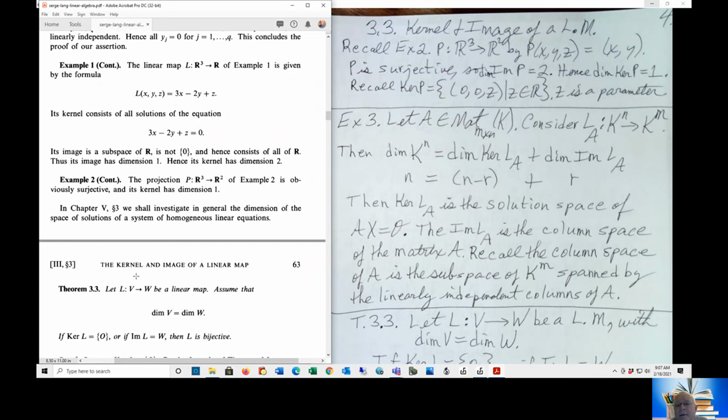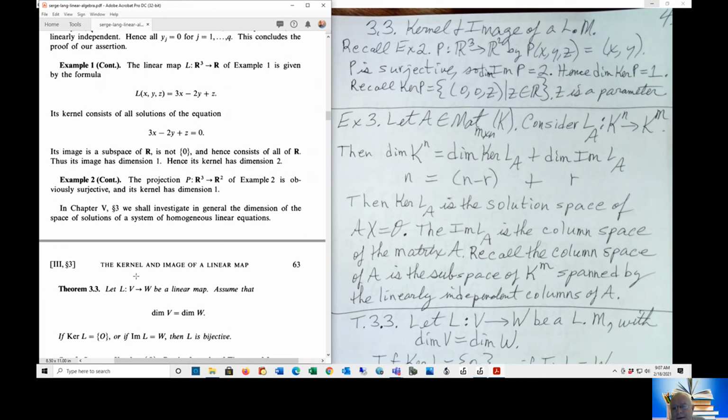So the dimension of the image is 2. Hence, the dimension of the kernel would have to be 1, because the dimension of R3 is 3, and 3 equals 1 plus 2. And recall that the kernel of this projection map was the triples 0, 0, z, where z is the independent parameter. So that tells me also that it has dimension 1.